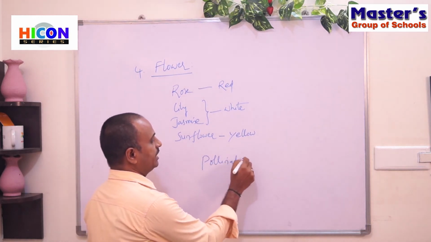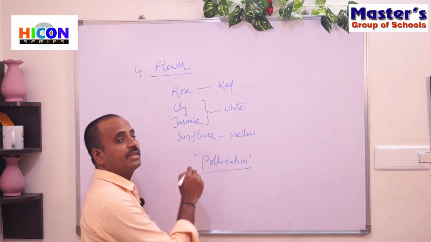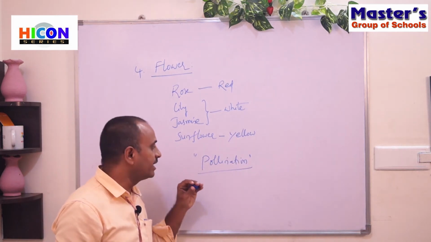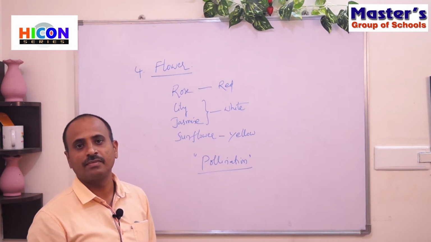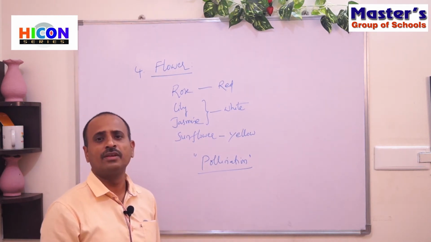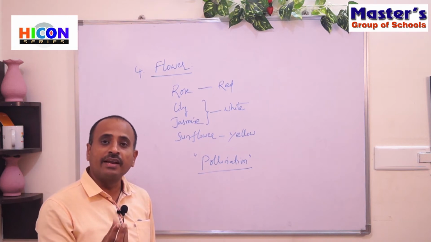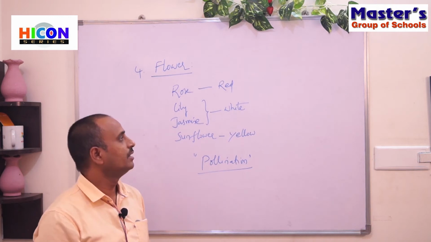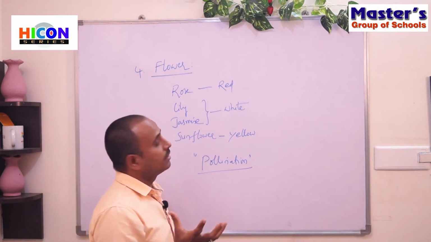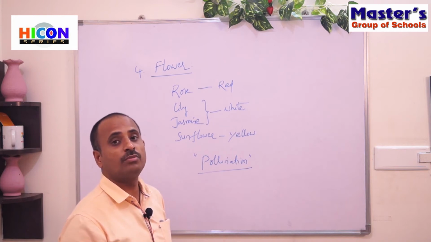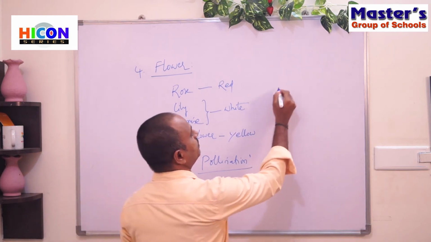This pollination process will take place in the flower, and then the reproduction will take place in the flowers. If we consider every flower, there will be some green colored parts at the bottom of every flower, and those green colored leaves present at the bottom of the flower are called sepals.